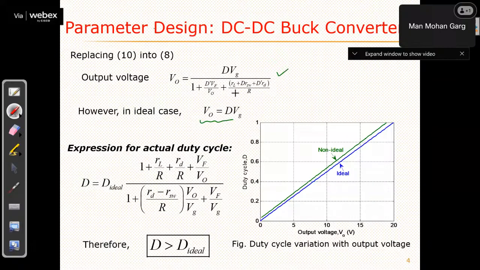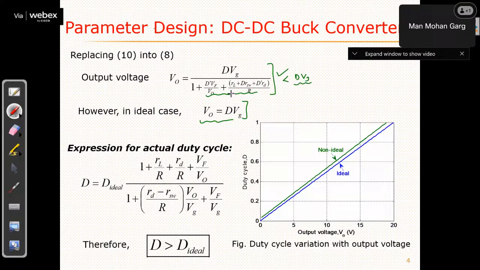Due to these resistances there is a voltage drop, so the actual voltage across the load is lesser than DVg. If you compare this equation and that equation, since this term is 1 plus something, the entire voltage is definitely less than D into Vg.